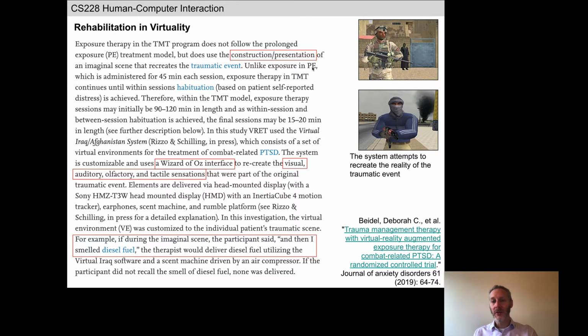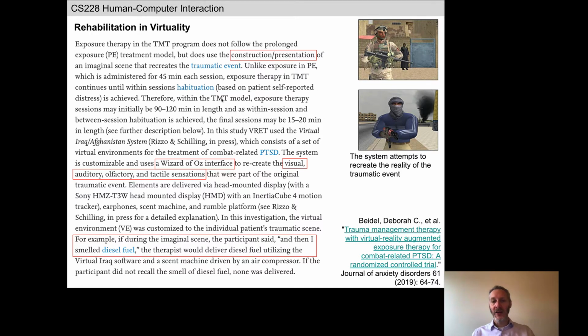Unlike traditional prolonged exposure, which is usually administered in fixed chunks because someone needs to come into the lab for a session and it's fixed, exposure therapy in TMT continues until within-session habituation, meaning that the anxiety starts to decrease during the session. So the exposure continues until habituation is achieved.